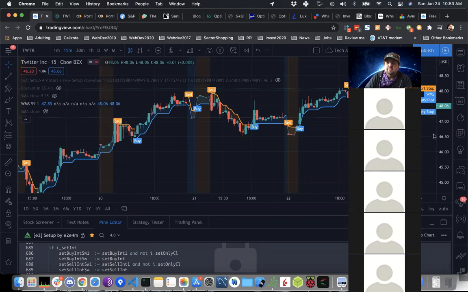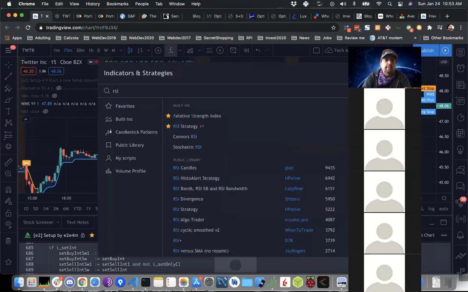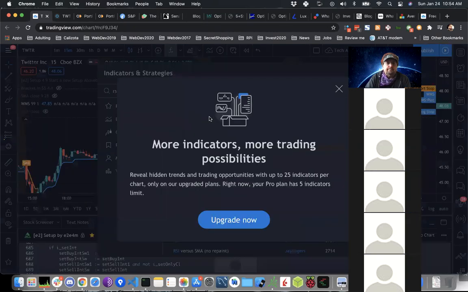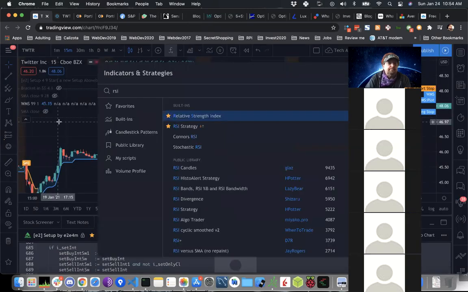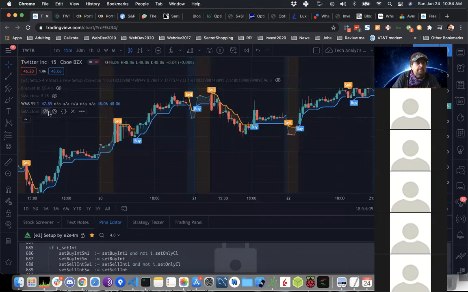Yes, I think what you mentioned would be great to incorporate, like the RSI, SMAs. So let's pull up RSI. Here, I need to get rid of a couple of these. One second here.